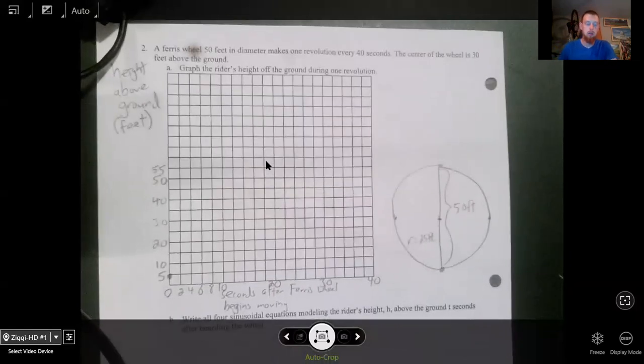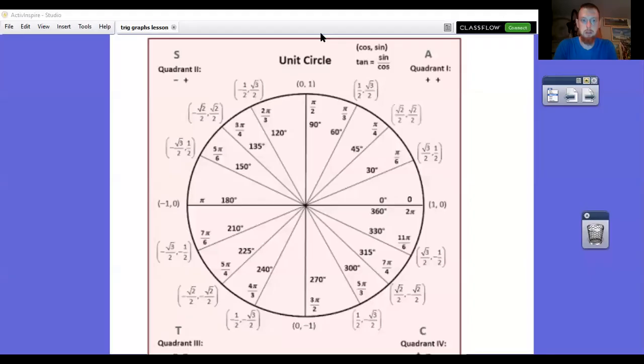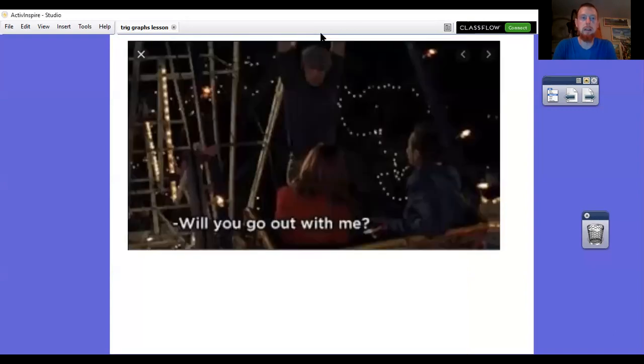So here comes your pop culture reference that I promised you. My wife and I recently watched this movie. It's The Notebook, starring Ryan Gosling.